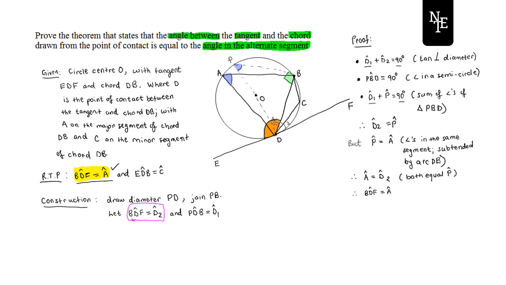We have to prove that that is equal to angle C. The first thing I can see is that by construction, ABCD is a cyclic quadrilateral.